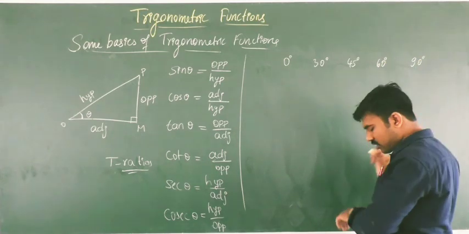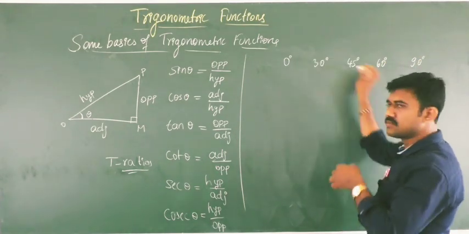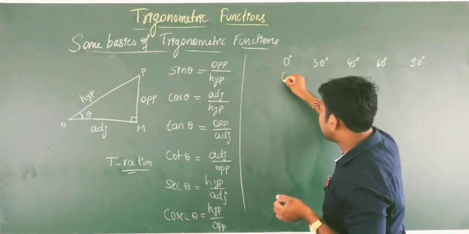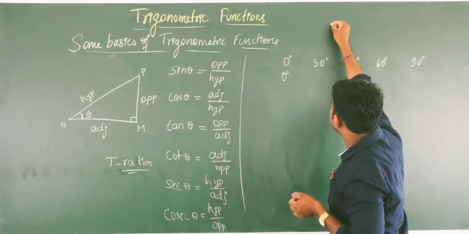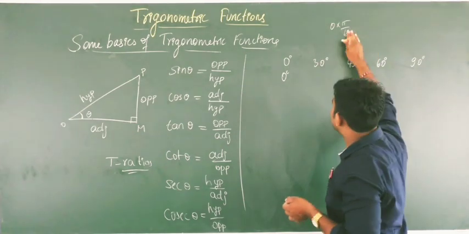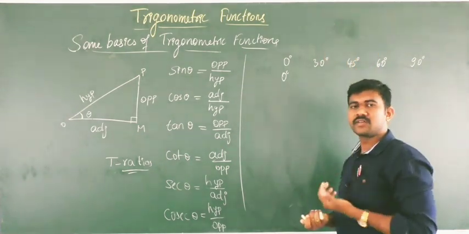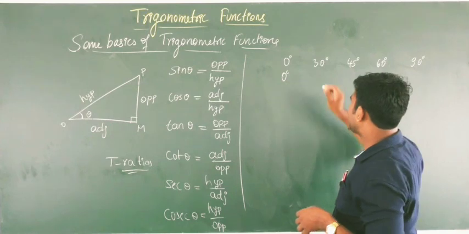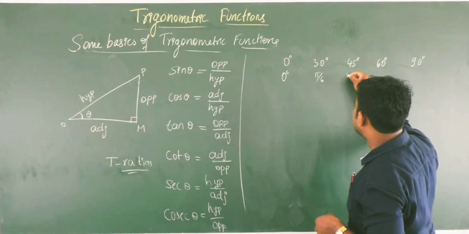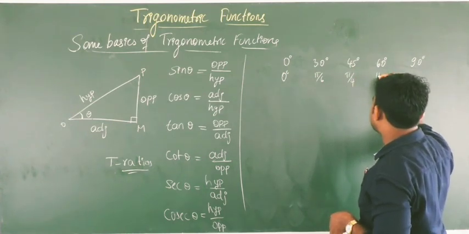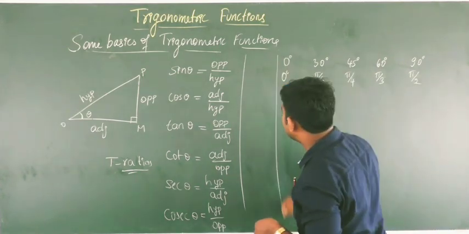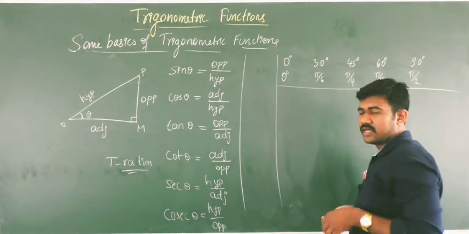This is in terms of degrees, and we can write this in terms of radians. 0 degree means 0 radian, because 0 into pi by 180, 0 into any non-zero number is 0. 30 degree converts to pi by 6, 45 degree means pi by 4, 60 degree means pi by 3, and 90 degree means pi by 2. Like this we get the standard angles in terms of radians.